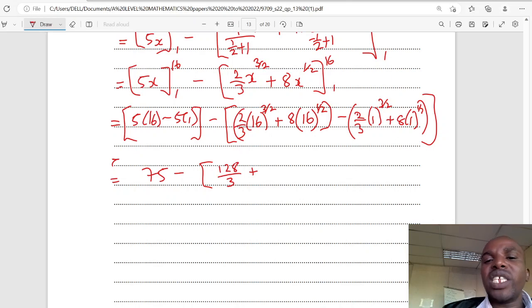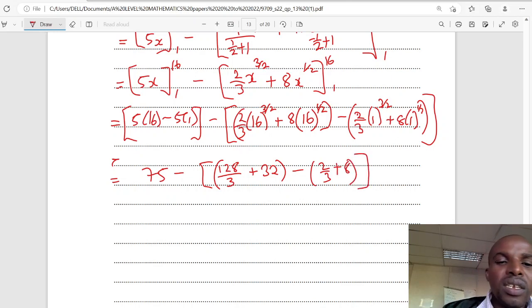Plus, 16 to the power half is 4, and 4 times 8 is 32. Then this part, you get 2 over 3 plus 8. Let's simplify further. Then minus: 128 over 3 plus 32 gives 224 over 3. Then 224 over 3 minus 2 over 3, then plus 8.